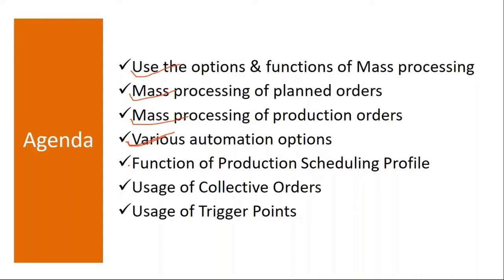We will understand today the importance of the production scheduling profile, then the usage of collective orders, and then the usage of the trigger points. How to use the trigger points, we will understand. So these are the topics we will be covering in mass processing and automation.